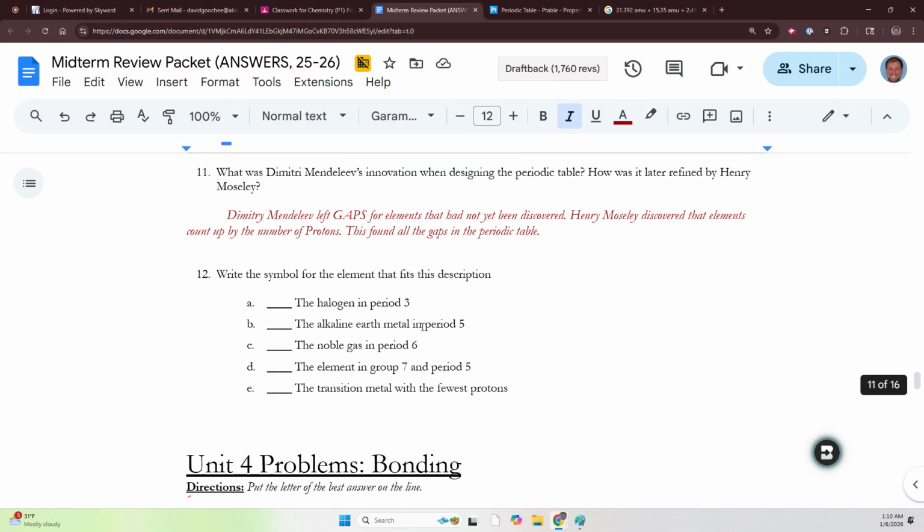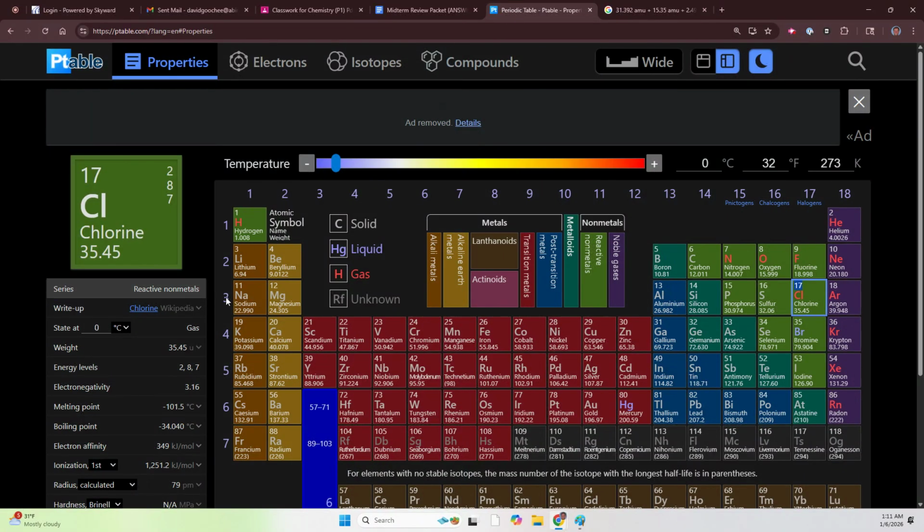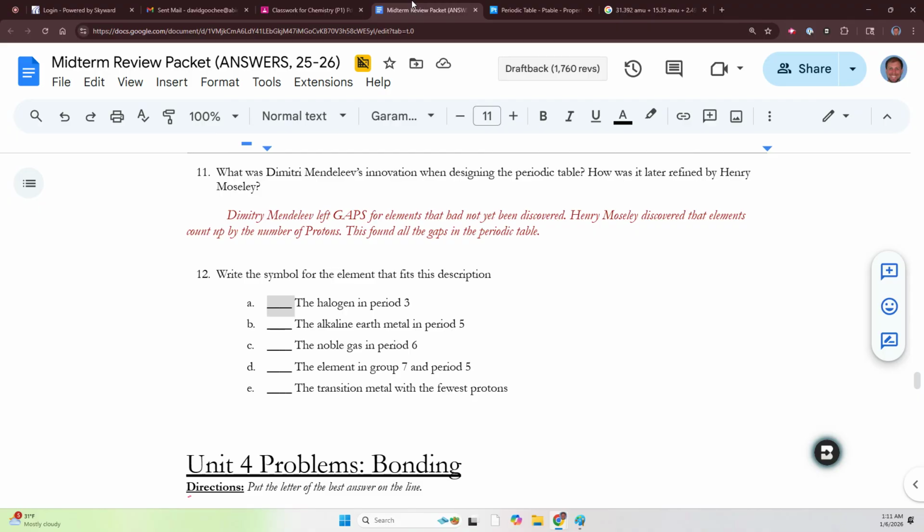All right, lastly, you have to fill in the blank right here using the periodic table. All right, the halogen in period 3. So period 3 is right here, and the halogens are the second to last column, so that would be chlorine. All right, chlorine.